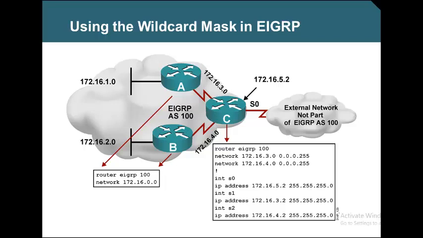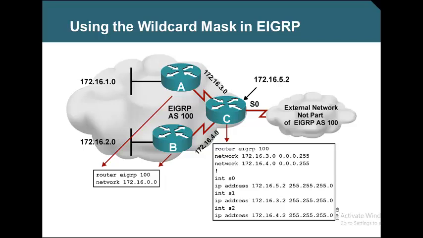This is easy to achieve in EIGRP, but in RIP we have to write some filter list. You have a wildcard mask in EIGRP that makes this easier. You understood that part? Because it is EIGRP, we are able to achieve this.